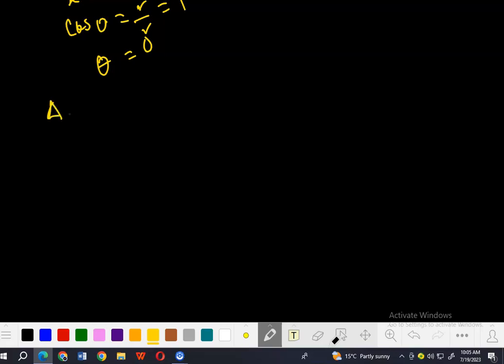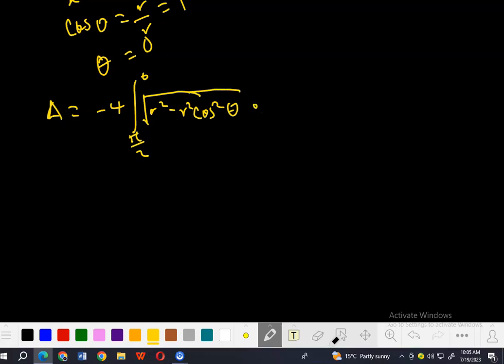So the area is given as -4, the integral from pi over 2 to 0 of the square root of r squared minus r squared cos squared theta.